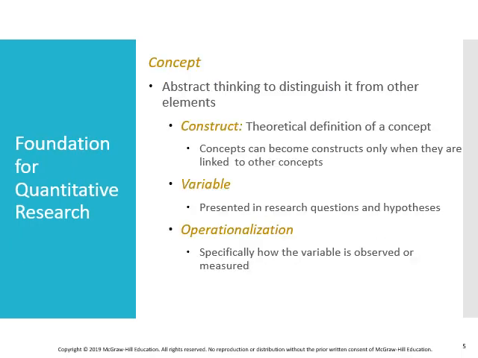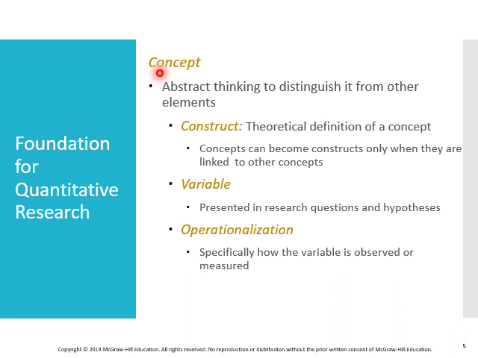Okay, so the foundation for quantitative research: first of all, abstract ideas or thinking, usually we'll call those terms concepts. So the big picture abstract ideas that we have, we can call them concepts.